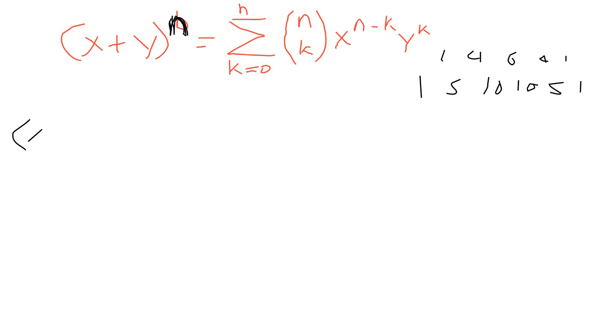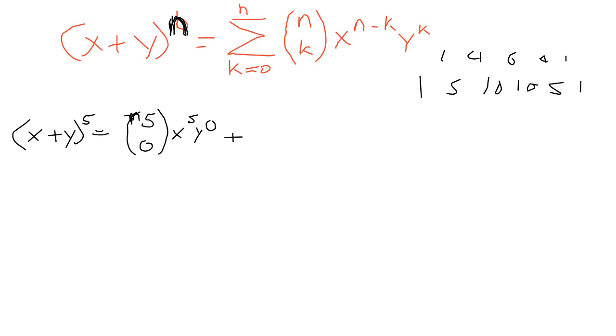Let's see if we can get it from this formula. x plus y to the fifth power would be equal to, based on the summation, 5C0, remember it starts from 0, x to the 5 minus 0, which is just 5, y to the 0, which of course is just 1.